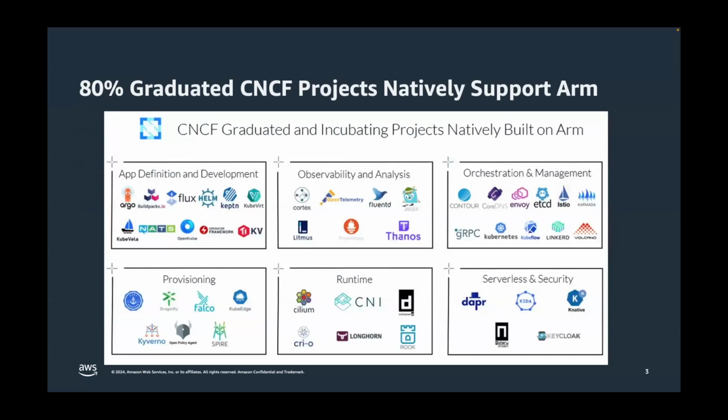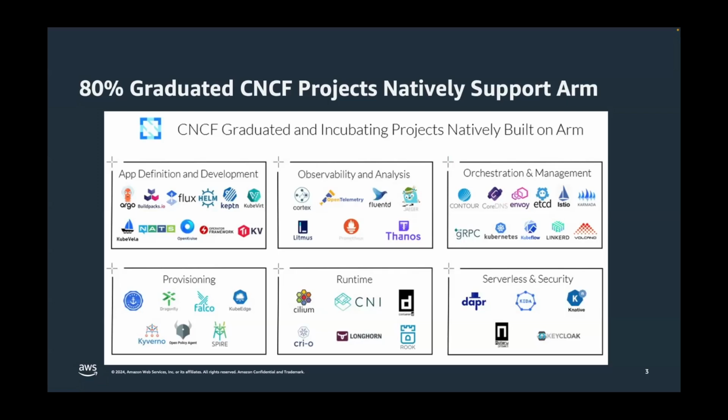Okay, so if you go out there and use one of the open source projects today, whether you are downloading from the Docker Hub or you are building your own container image with some open source software, it is very likely that it already supports ARM today, right?